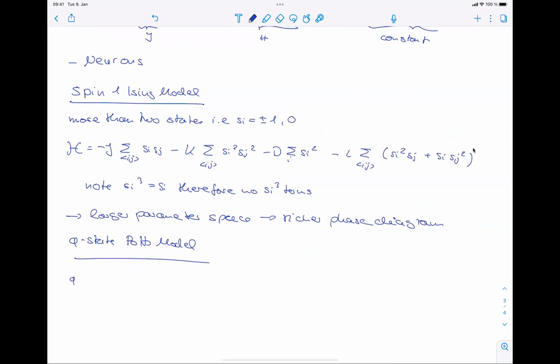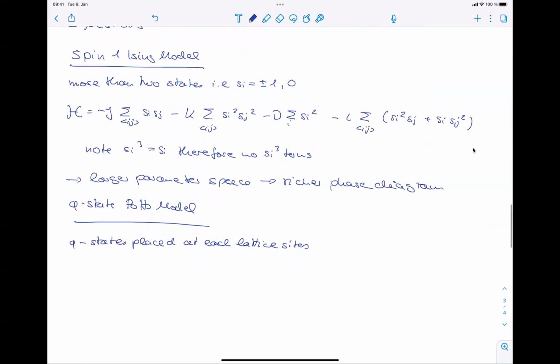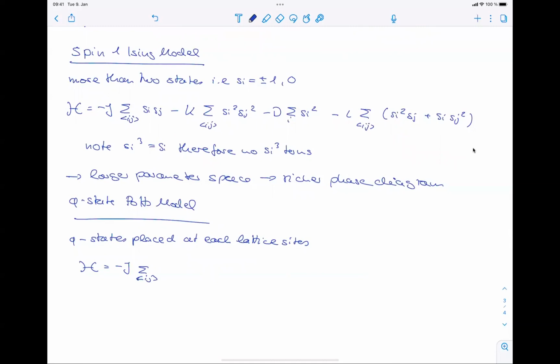Here, the idea is that we just in general say we have Q states that are placed again on each lattice site. The classical Potts model refers to a Hamiltonian where I have just an interaction between, again, nearest neighbors, and I favor similar states.